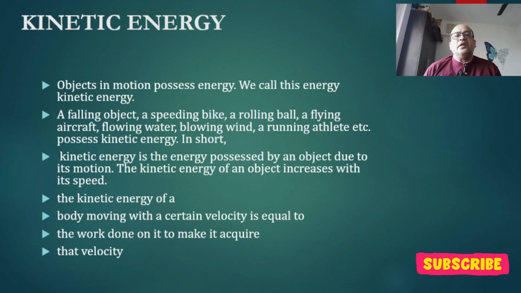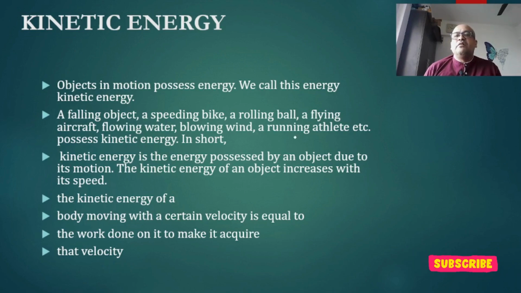An arrow is moving, it contains kinetic energy. You have thrown an object from a distance and the object is falling down, so that object contains kinetic energy. A bike is speeding, so which energy will it contain? It will contain kinetic energy.